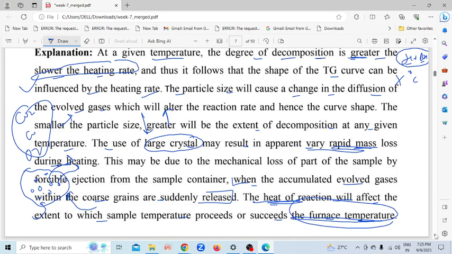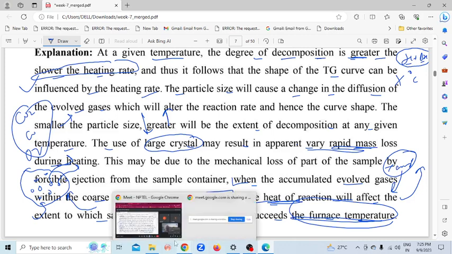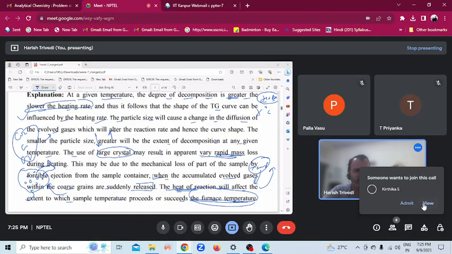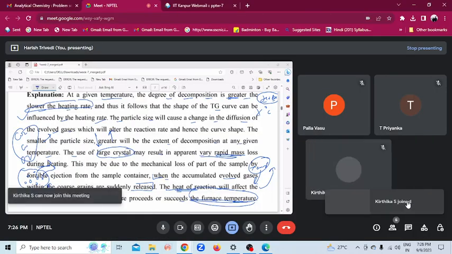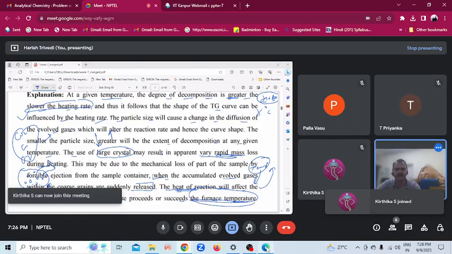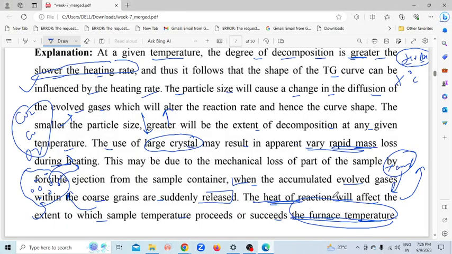But if heat is provided by the sample itself, or heat is taken up by the sample, then the furnace is increasing the temperature, but the program will not be correct. So it will also give an incorrect reading if the reaction is occurring locally in the sample. So all three points are covered.